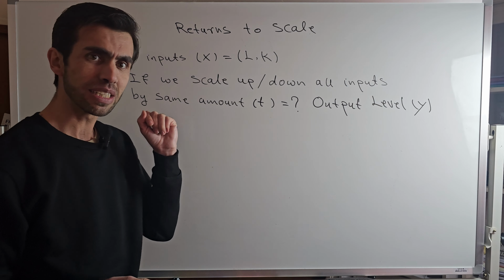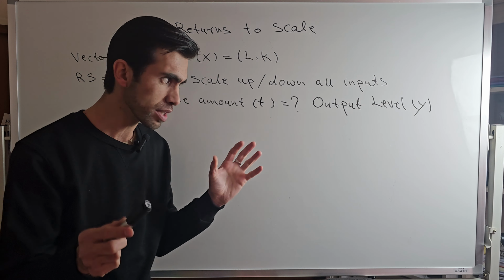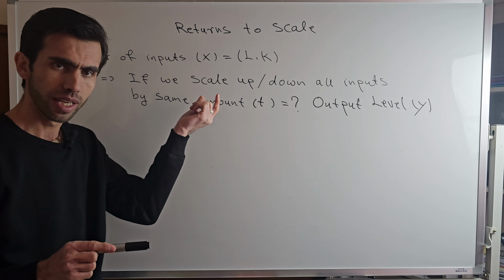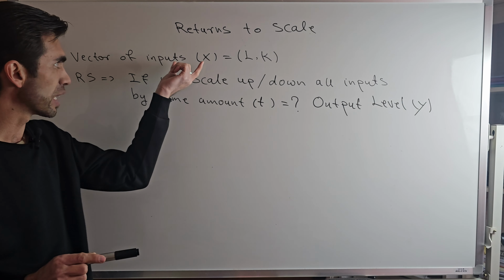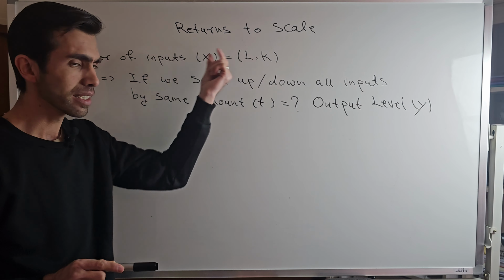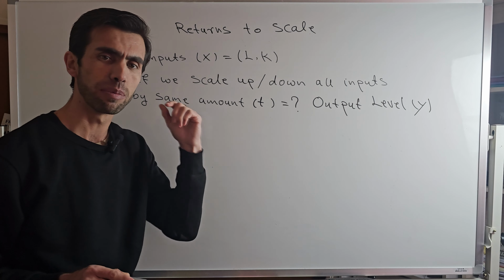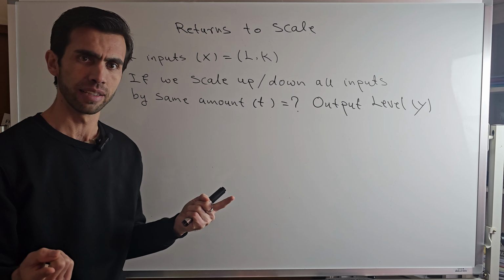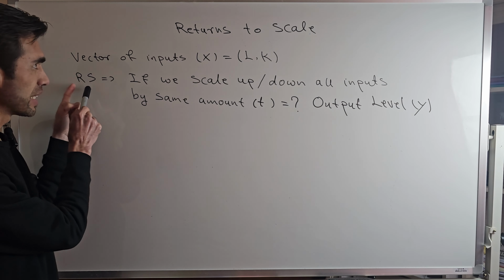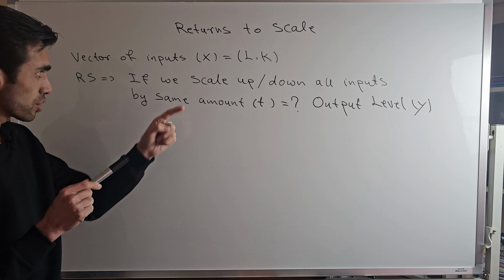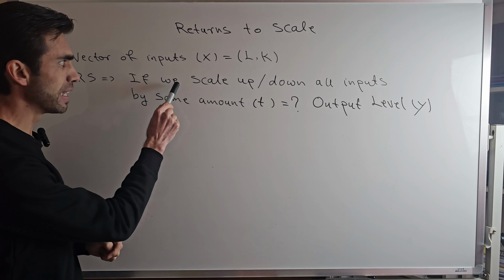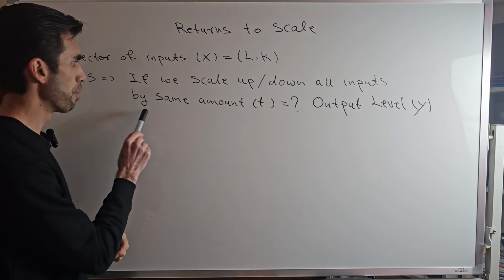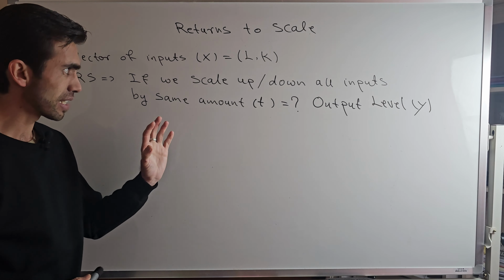So what does returns to scale mean? Suppose that we have a vector of inputs, x, and this input vector is the combination of labor and capital. Suppose we have two inputs, L and K. So x is L and K. The concept of returns to scale says: if we scale up or down all inputs by the same amount, what does it mean?